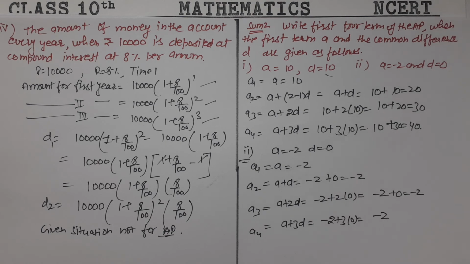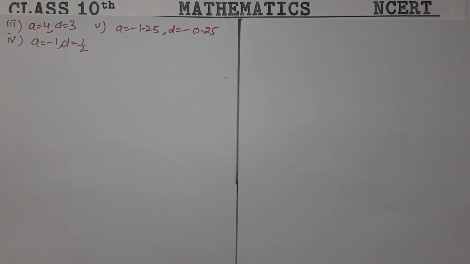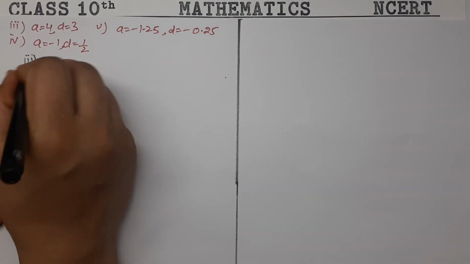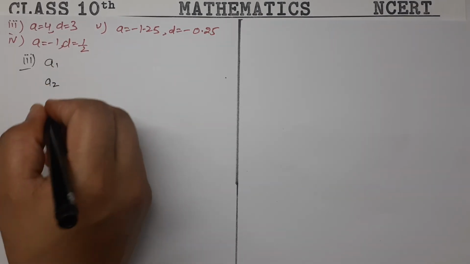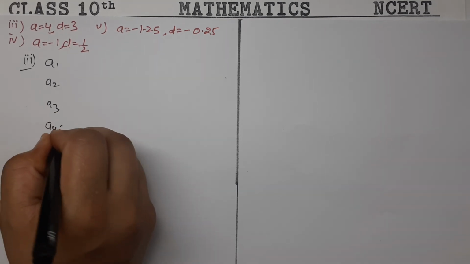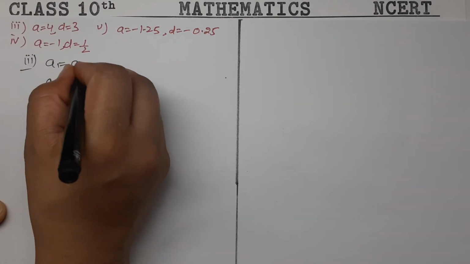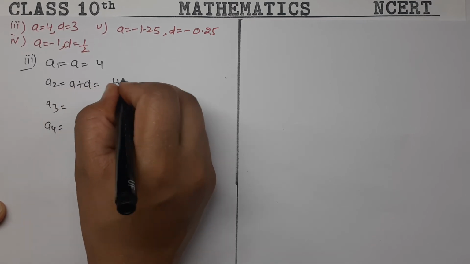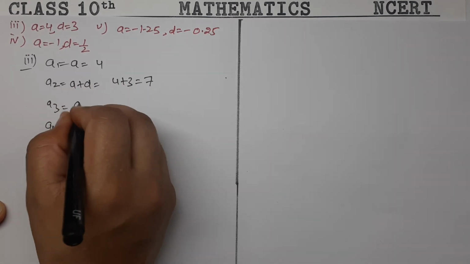Now the next is part third. A is 4, D is 3. A1, A2, A3, A4. A1 is A, that is 4. A2, A plus D, 4 plus 3, 7.